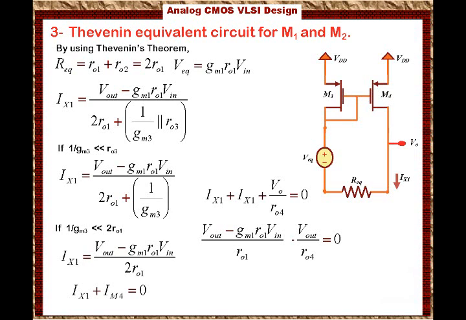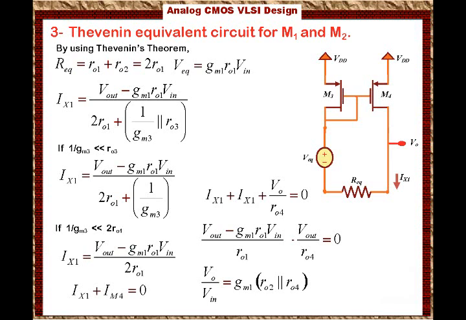We can separate the V out terms on one side and the Vn terms on the other, and come up with the gain. V out over Vn equals GM1 times RO2 in parallel with RO4. Keep in mind that RO2 and RO1 are the same. So this is the gain.